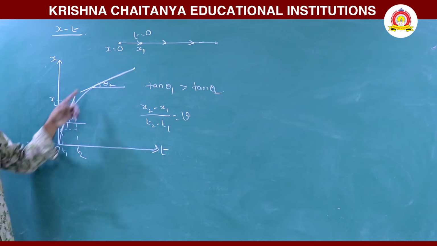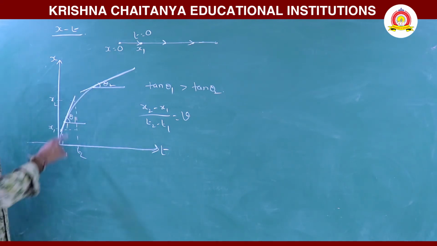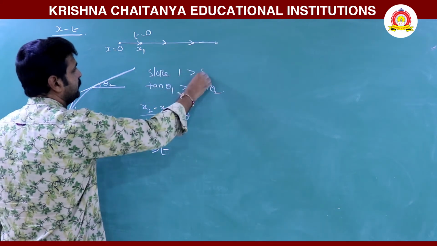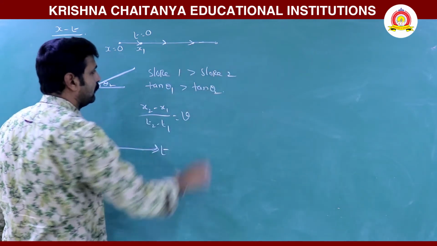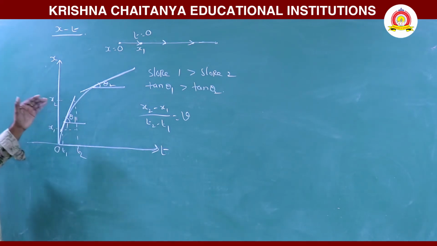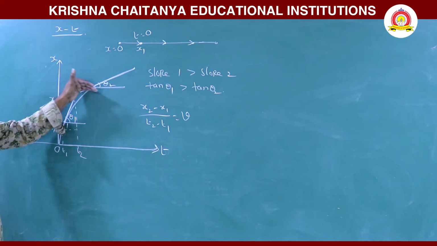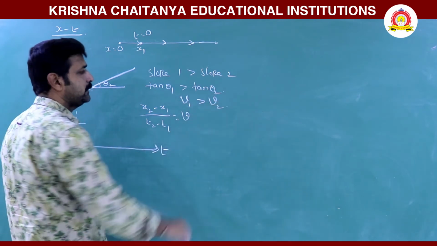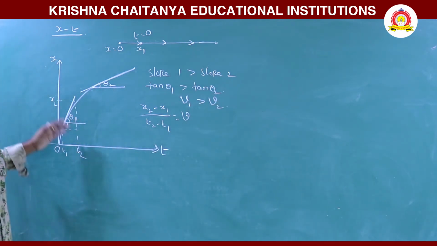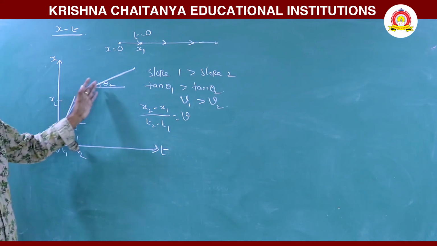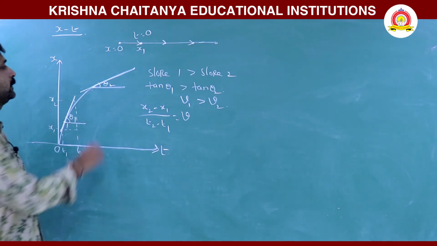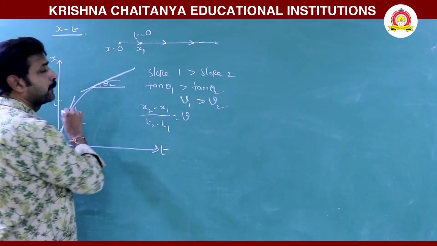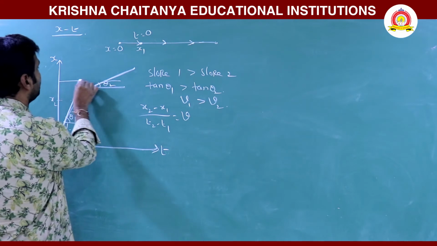Here tan theta 1 is greater than tan theta 2. That means the slope at 1 is greater than the slope at 2. What does it mean? Velocity at 1 is greater than velocity at 2. That means velocity gradually decreases, and if the graph comes to this position, then the tangent here is a horizontal straight line.